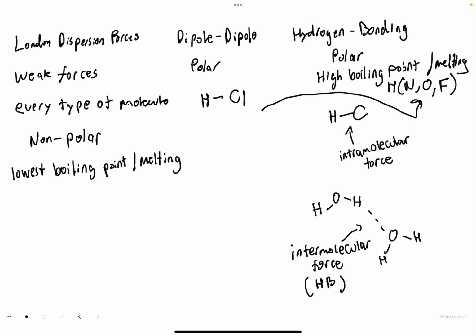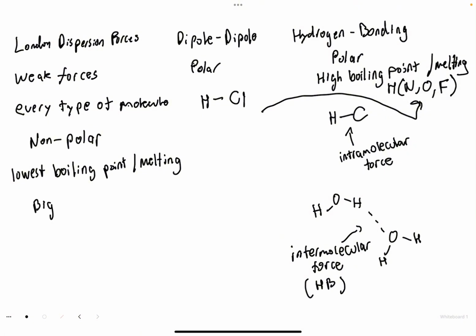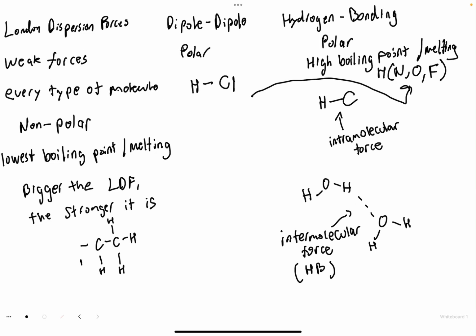So the one time where London dispersion forces can be tricky is when the bigger the London dispersion force, the stronger it is. So in this sort of chain, if you have more of these bonds, it's going to be stronger.